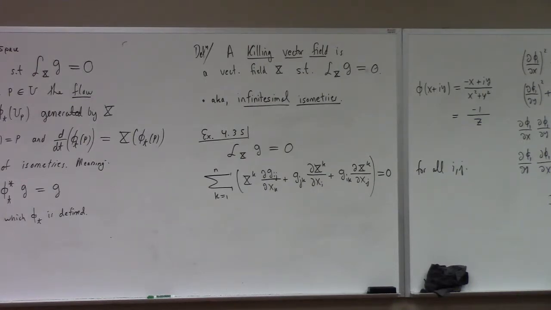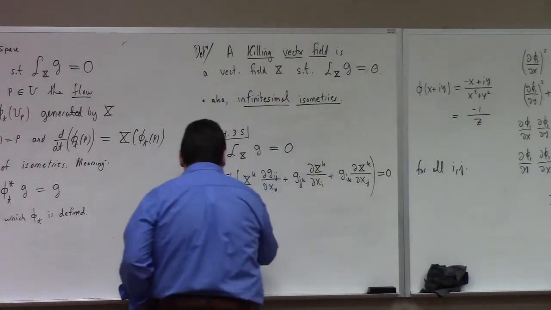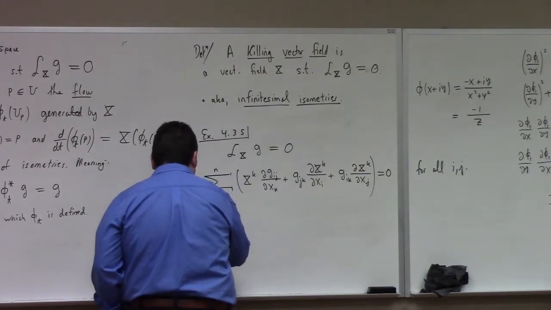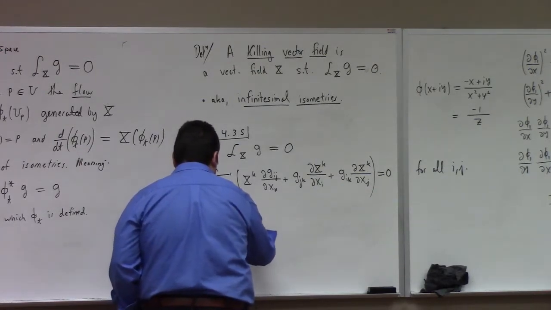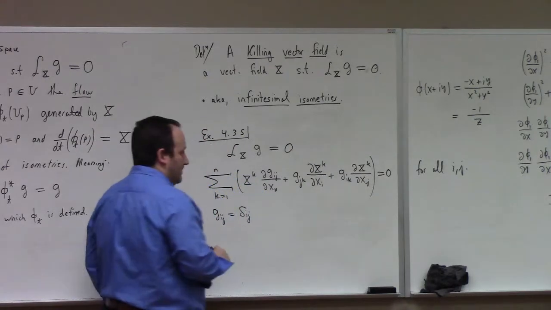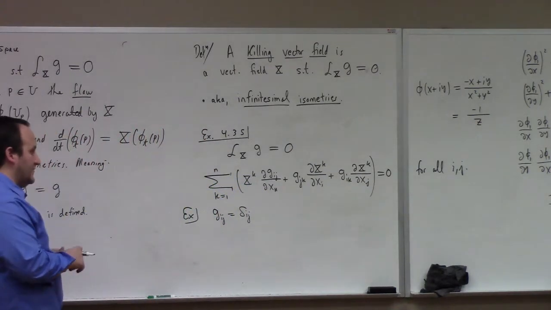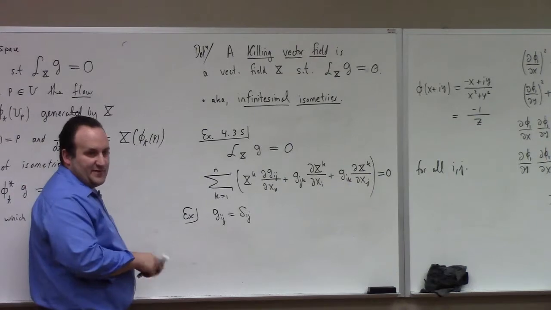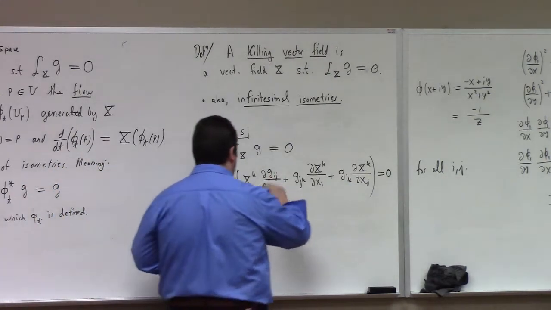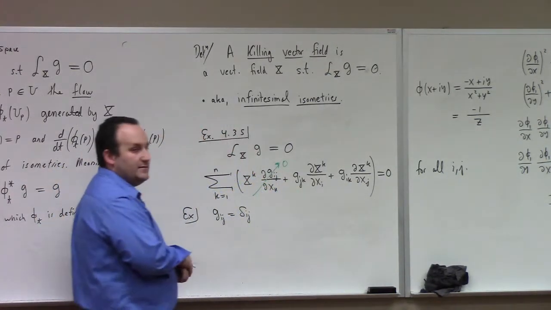So those are the conditions which the Killing fields have to meet for a given metric. About the only one we have the patience to actually sort through today is probably the Euclidean one. What are the Killing vector fields for the Euclidean metric? At least we can do that one. So what's g_ij for the Euclidean metric? Delta_ij, right? So if we consider the Euclidean metric, at least the first term is gone, 0 for Euclidean.